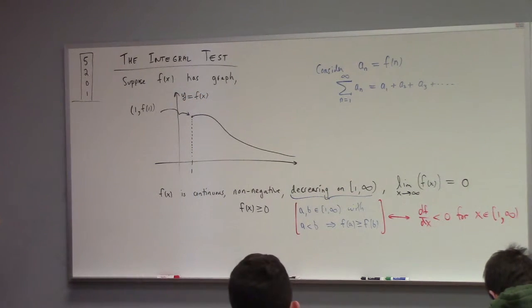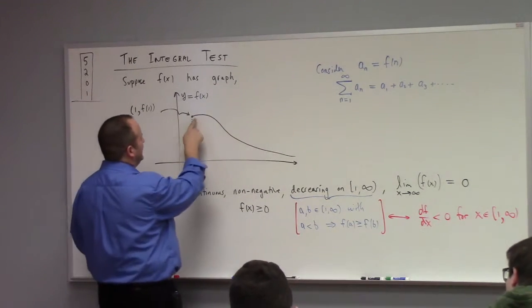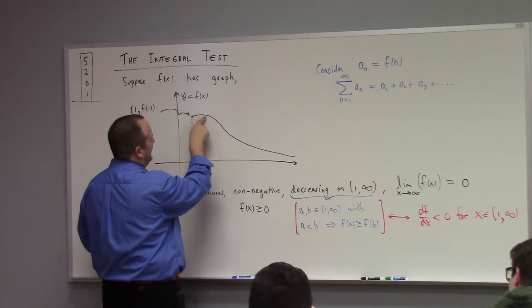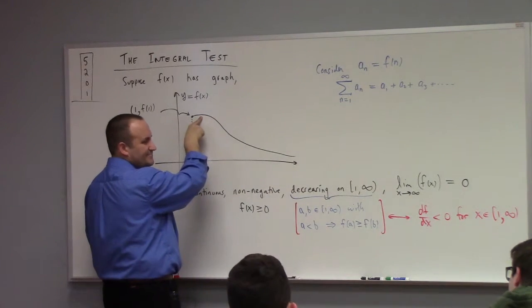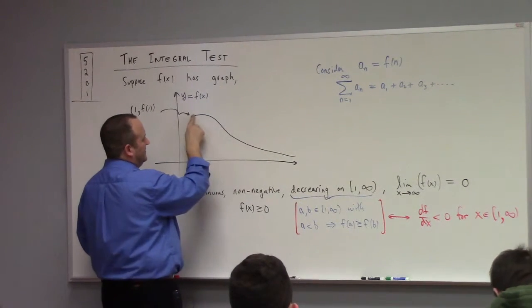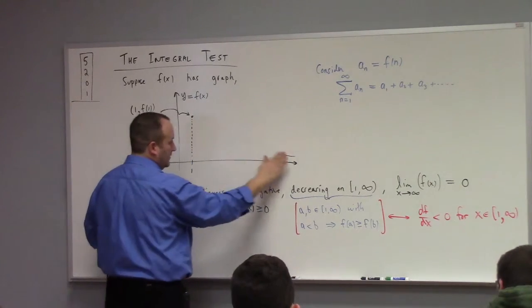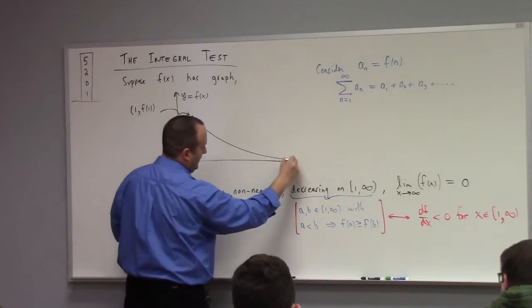And then A1 is what? That corresponds to the area. And this can't happen, can it? Look at that. Is that allowed? Decreasing, right? So my graph isn't quite right. What does it have to look like? Like that, right?